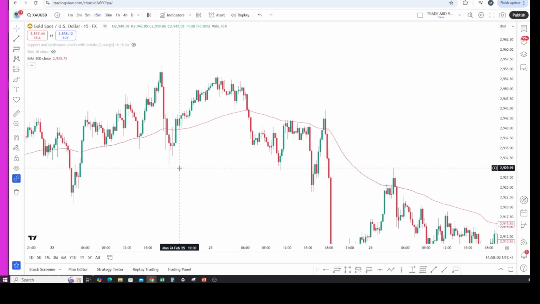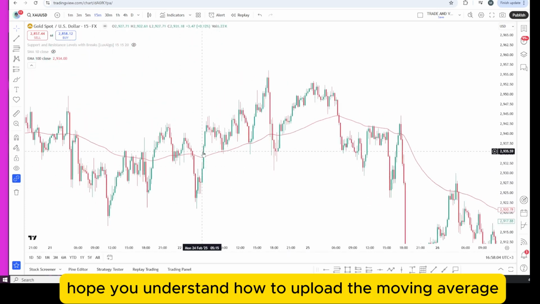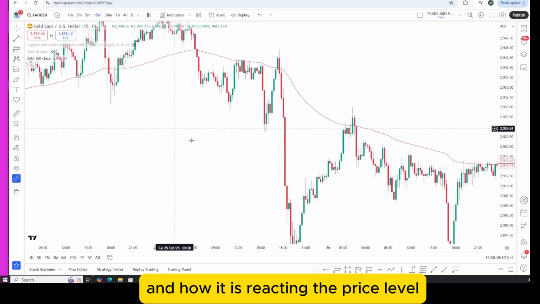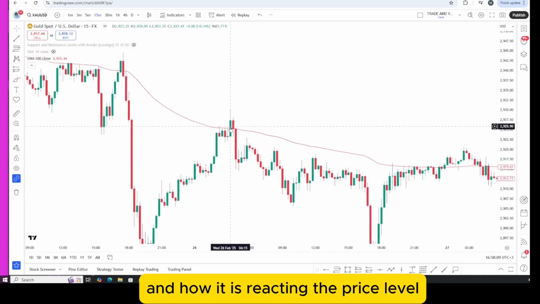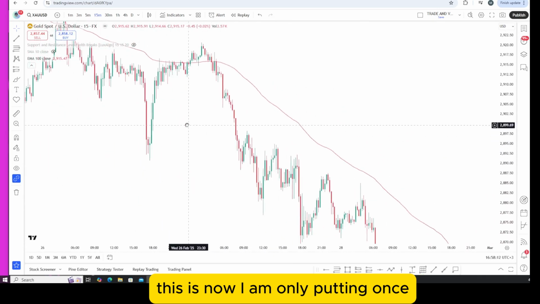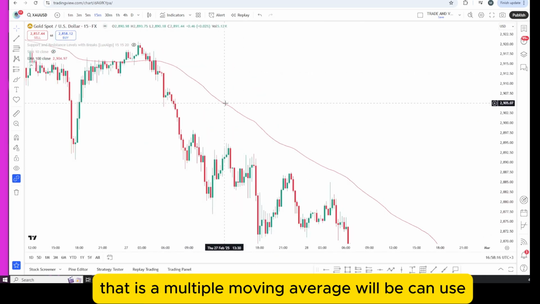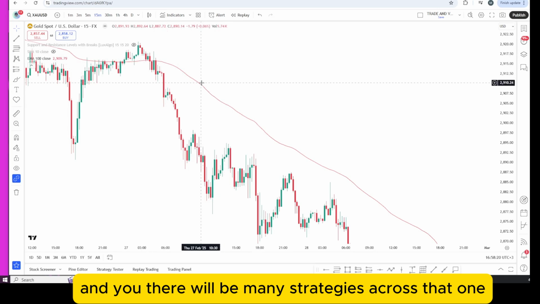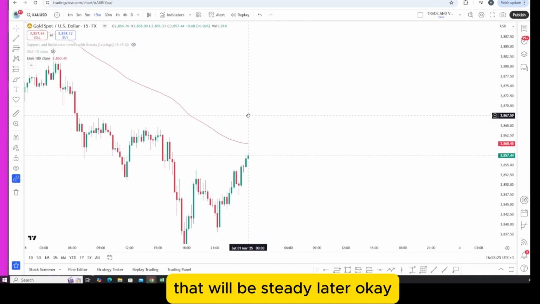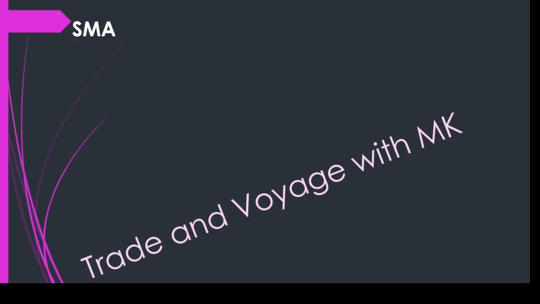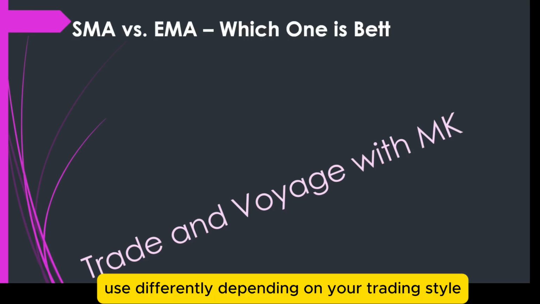Okay, now hope you understand how to plot the moving average and how the price reacts at that level. Right now I am putting only one exponential moving average. Multiple moving averages can be used, and there will be many strategies across that, that we will study later.